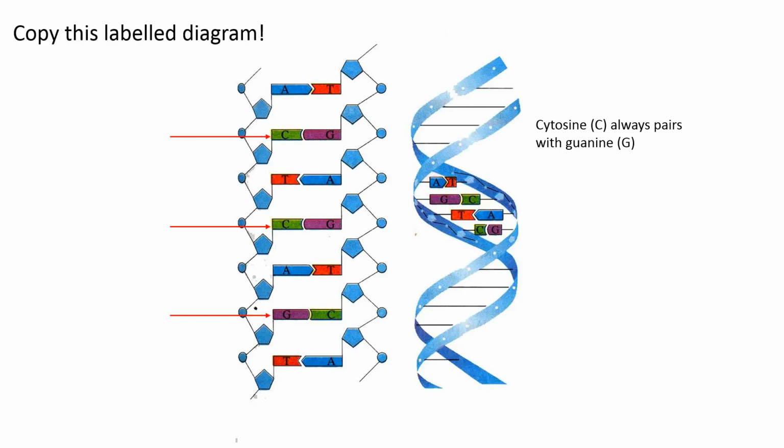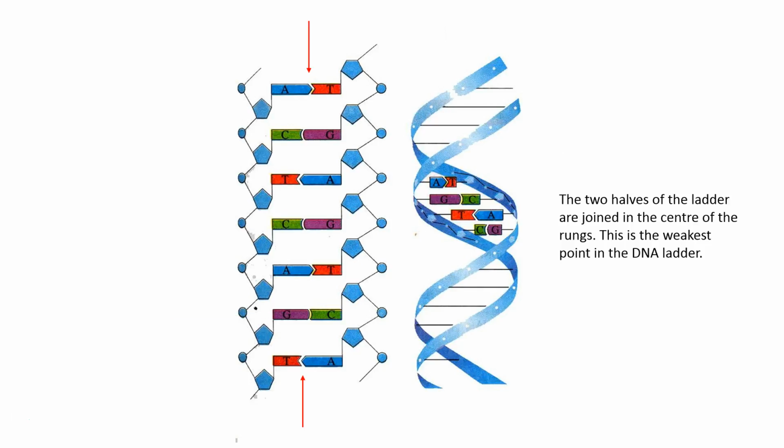But those are rounded shapes, so those aren't going to pair very well with either the A or the T. And we've done this very deliberately to try to make it as clear as possible that only A and T will bond together, and only G and C will bond together. You will never get a G bonded to an A, for example.